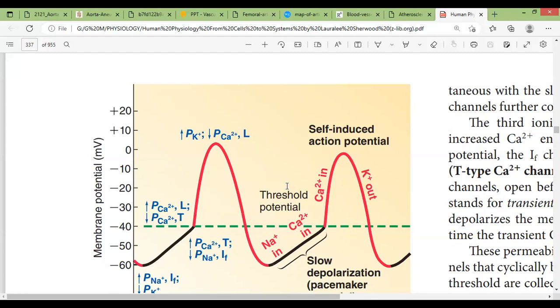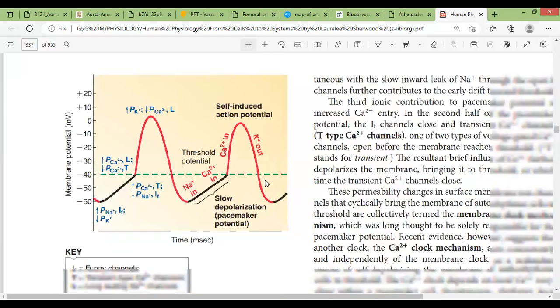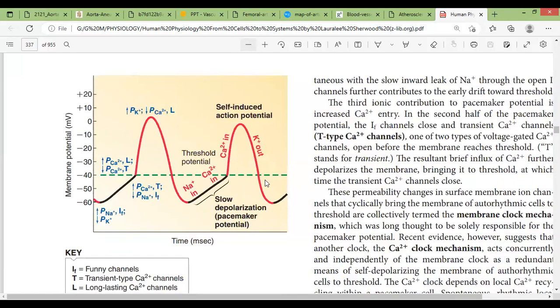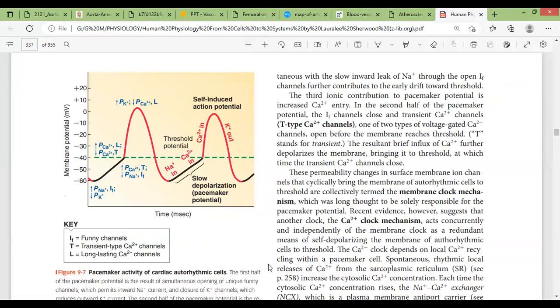So the atria, both of them contract together, and then once the signal moves down to the Purkinje fibers, both the ventricles contract together.